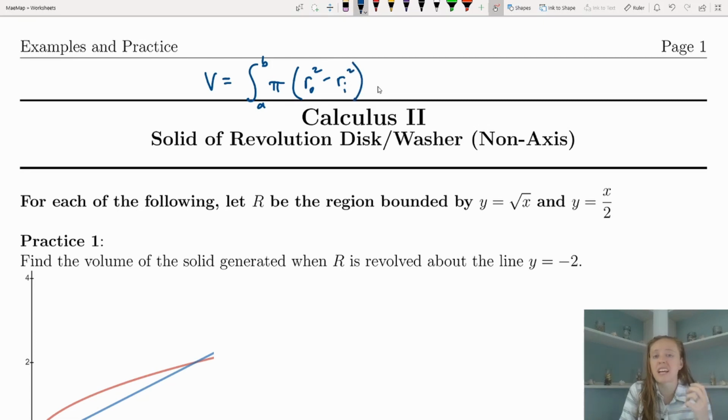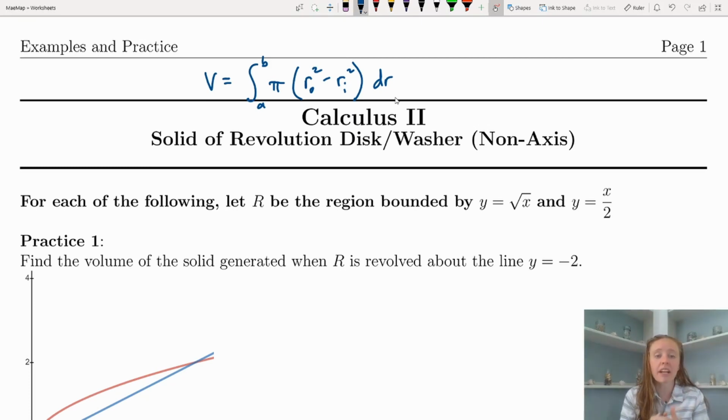And as opposed to saying dx or dy, because that could change, I'm going to just say dr from now. R sub O represents our outer radius. So when we distribute that pi through, that's pi r squared, our largest area, and we're taking away that smaller area, pi r inner squared, and integrating with respect to either x or y. This is just the general way of thinking about it.